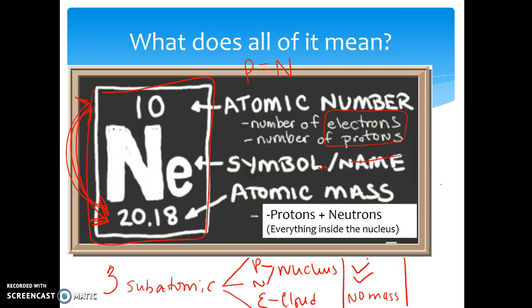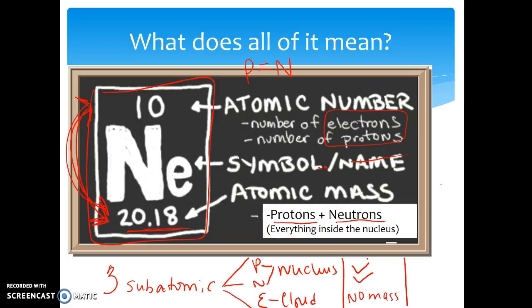Okay, so the last number down here at the bottom, like I said, I don't want you to remember that it's on the bottom. Just remember this is the one with the decimal, the atomic mass or the atomic weight. And like I said, whenever you think of mass, think of the only two subatomic particles that have a mass. The only two that have a mass are protons and neutrons.